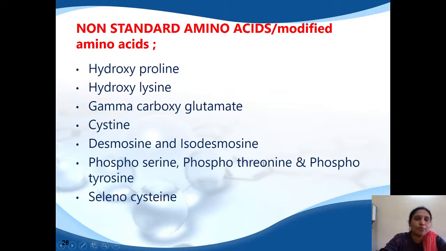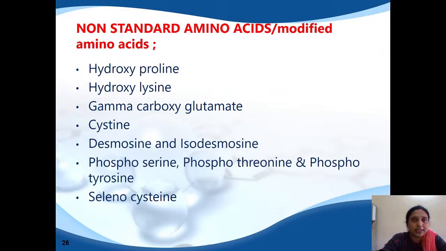So these are all the modified amino acids which have been formed by the modification of one of the 20 standard amino acids. Hydroxyproline and hydroxylysine are formed by the hydroxylation of proline and lysine, components of the connective tissue protein collagen. Gamma carboxyglutamate has been formed by the gamma carboxylation of glutamate.